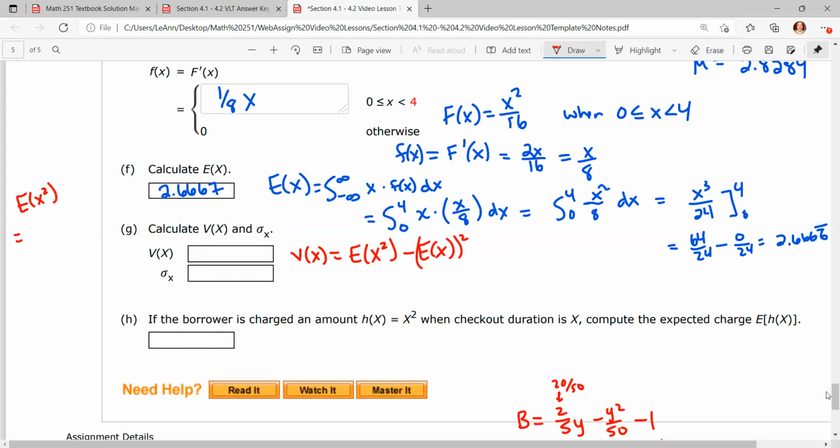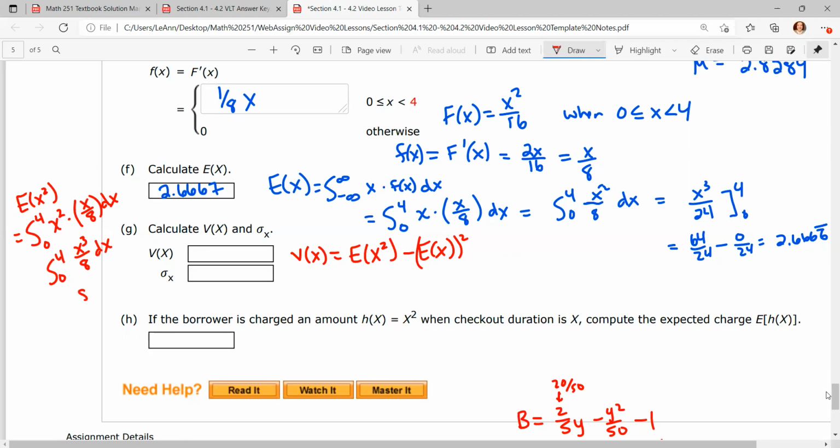You again integrate from 0 to 4, but this time you do x squared times your PDF. So that's going to be 0 to 4 of x cubed over 8 dx. Use our power rule there.